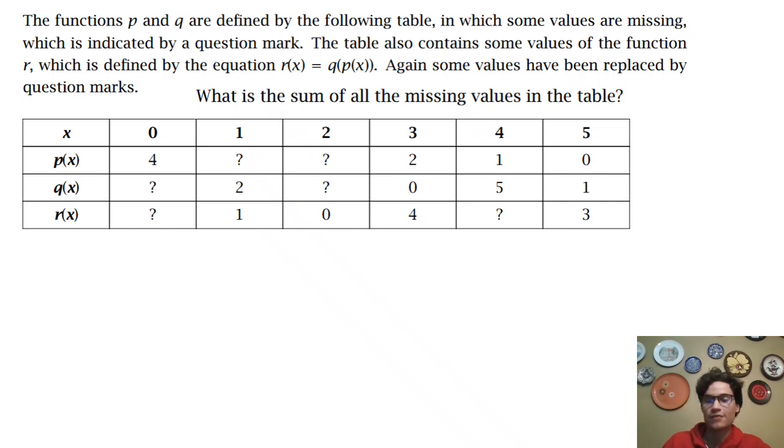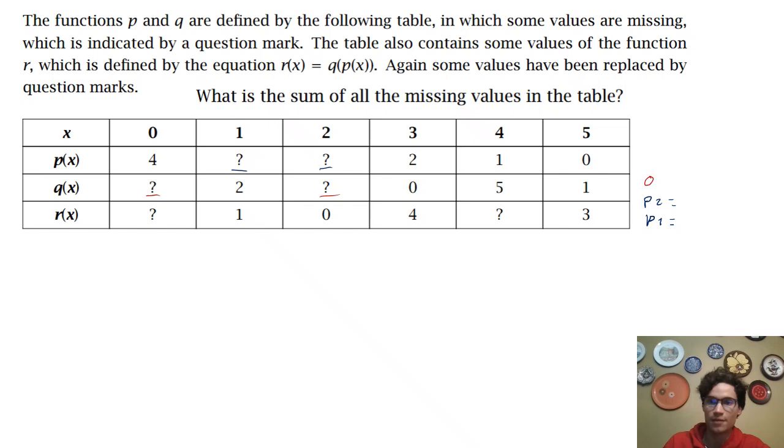First, let's identify which are the missing values. The first missing value is P1. Another missing value is P2. Let's write them all. Another missing value is Q0 and Q2.